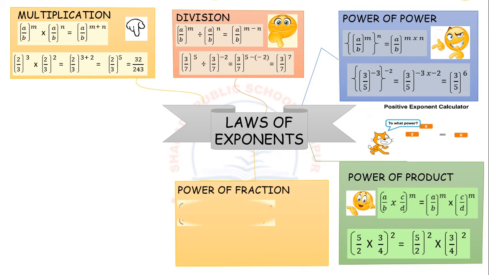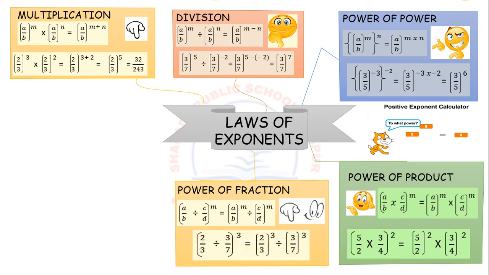A by b divided by c by d to the whole power m is equal to a by b to the power m divided by c by d to the power m. Example, 2 by 3 divided by 3 by 7 to the whole power 3 is equal to 2 by 3 to the power 3 divided by 3 by 7 to the power 3.